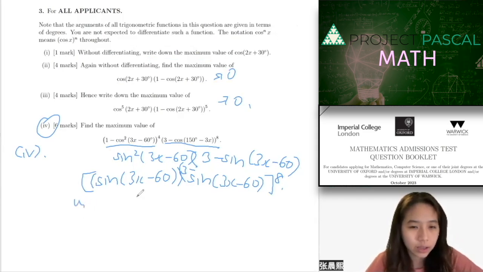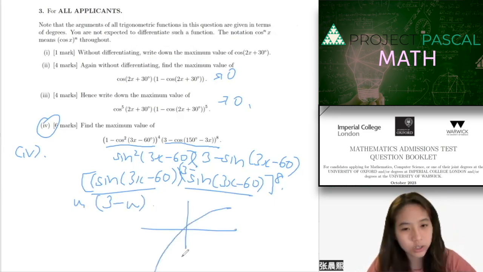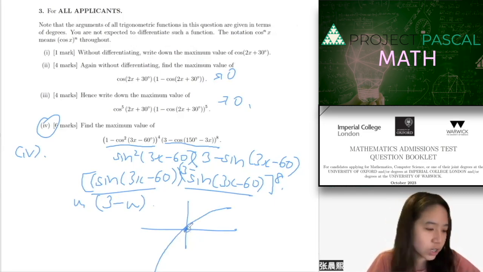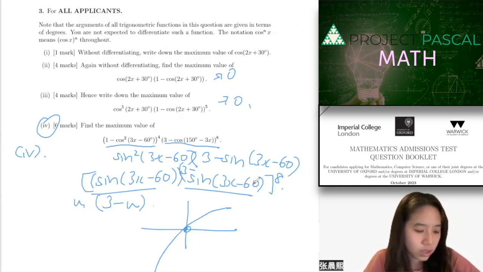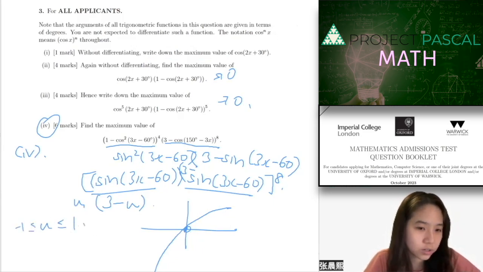Essentially this is u, this is 3 minus u, right? So u(3 minus u) follows the graph like this. It crosses through the origin, and then the function takes extreme points at the end points because it's restricted between -1 and 1.